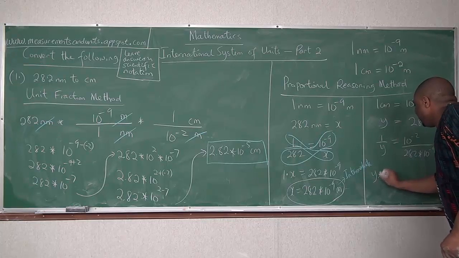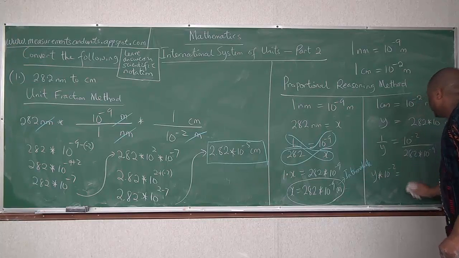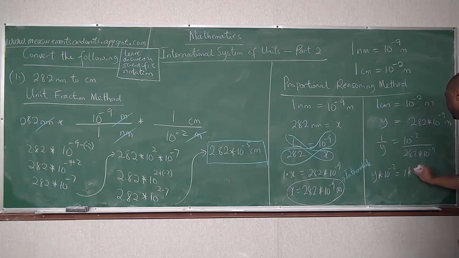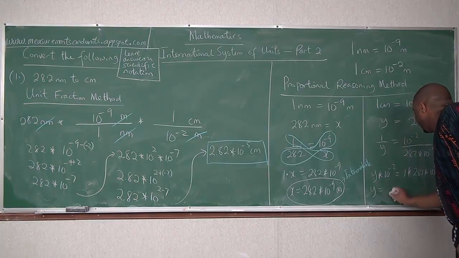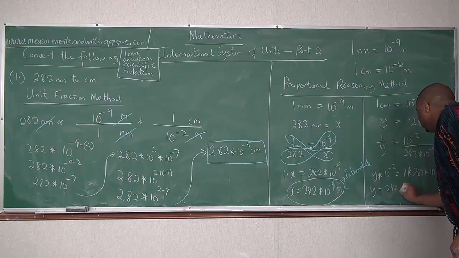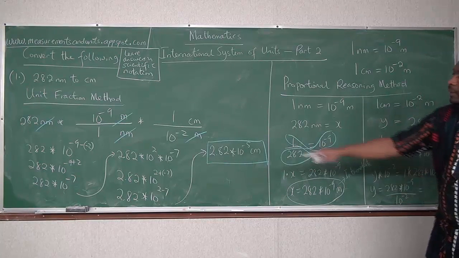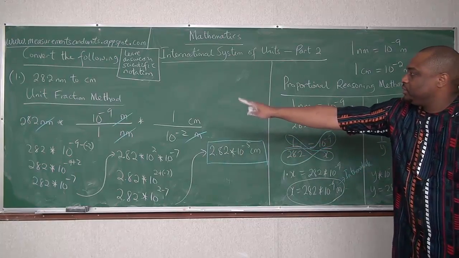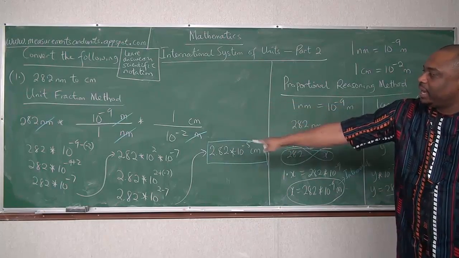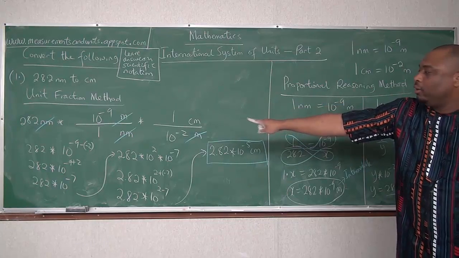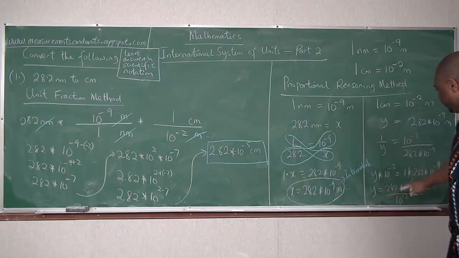So y times 10 to negative 2 is 1 times 282 times 10 to negative 9. So your y will now be 282 times 10 to negative 9 all over 10 to negative 2. You see, it still gives us the same thing.